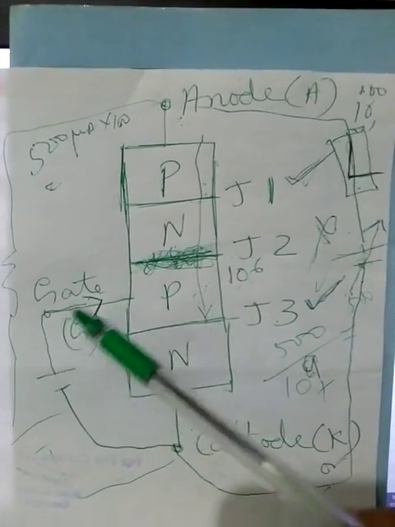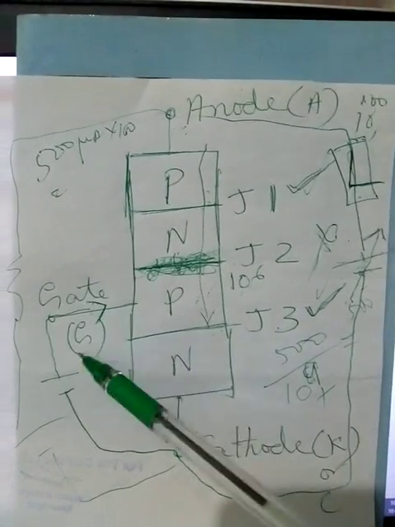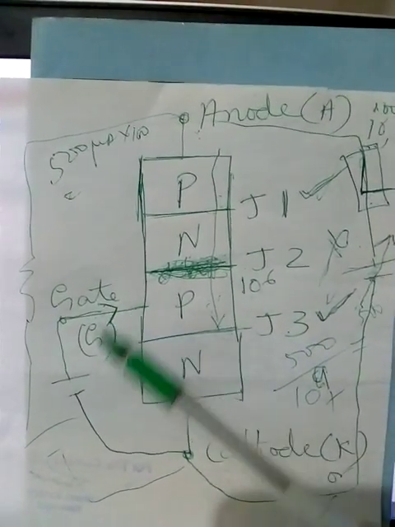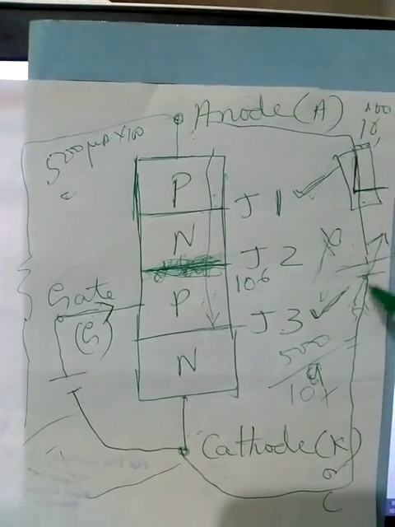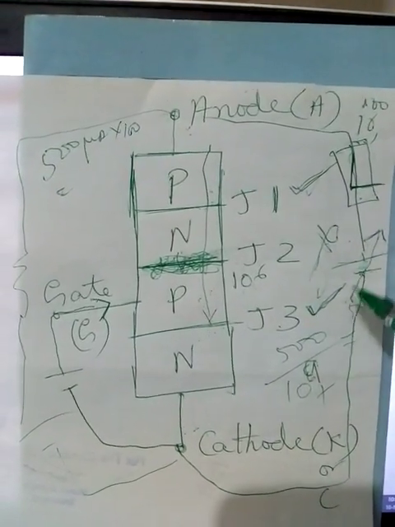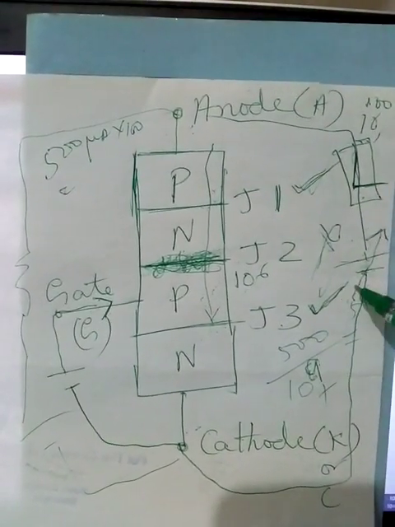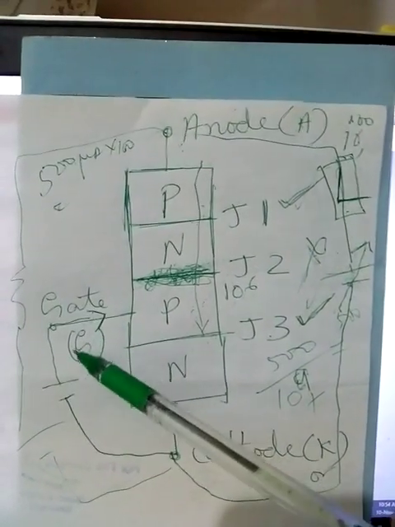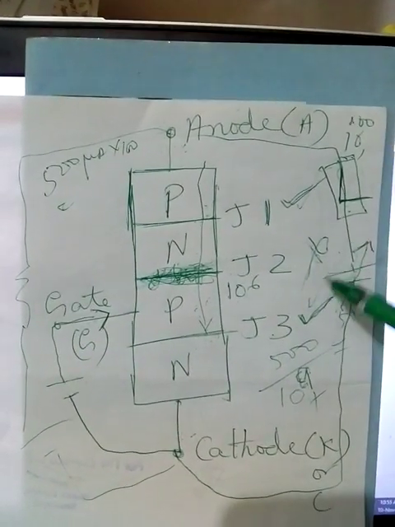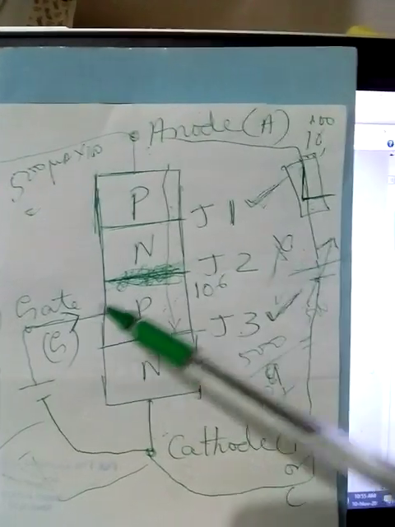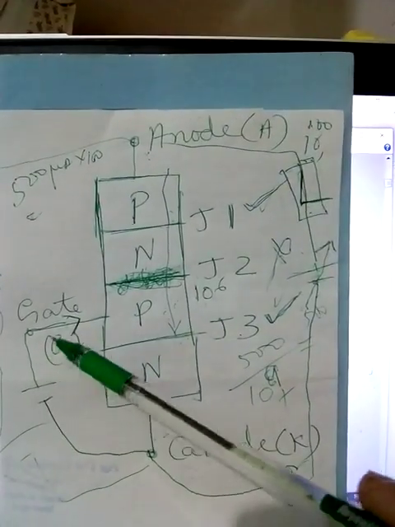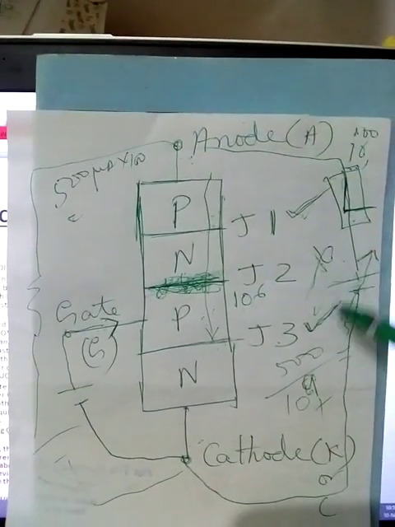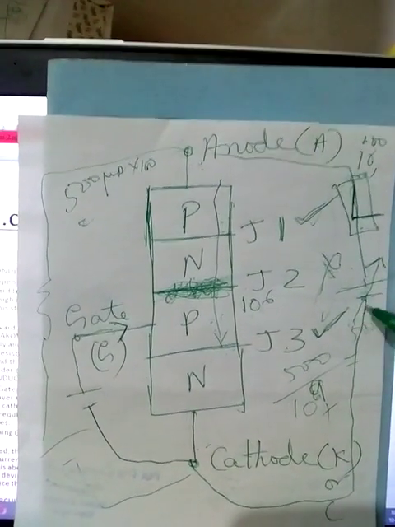If you increase the gate current, say 6 or 7 milliamperes, SCR will conduct for say 250 volts. If you increase this to 10 milliamperes, 200 volts, 12 milliamperes, 150 volts, 20 milliamperes, say 50 volts.